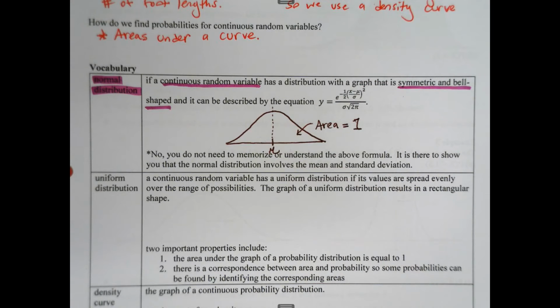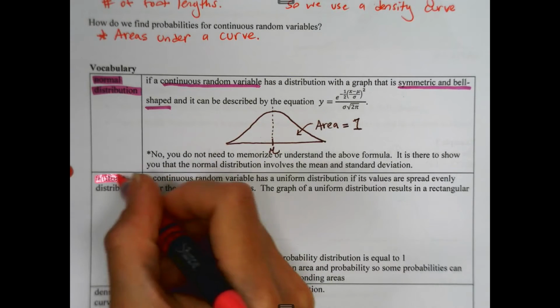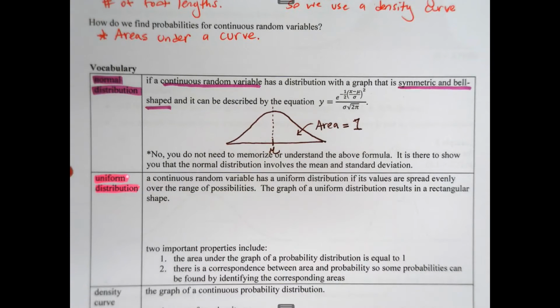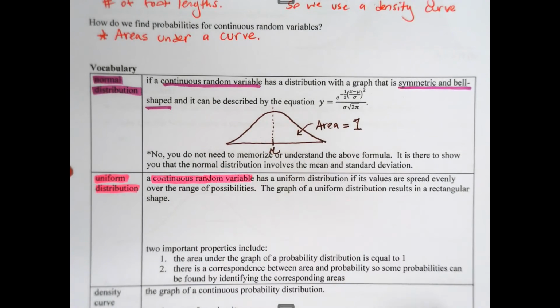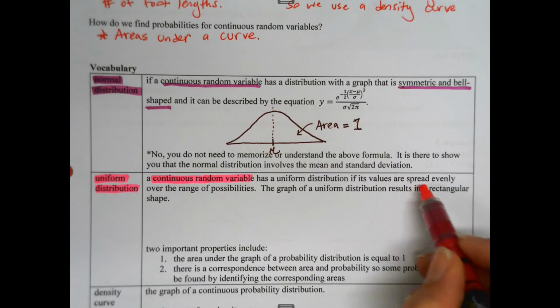This is in contrast to a uniform distribution. A uniform distribution is a continuous random variable. So if we have a continuous random variable, again, it has a uniform distribution if its values are spread evenly over the range of possibilities.